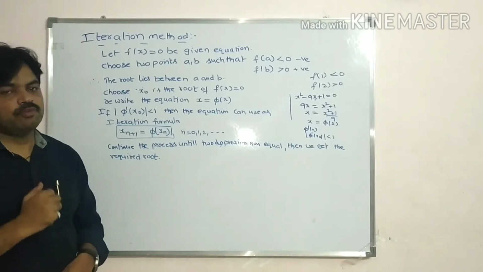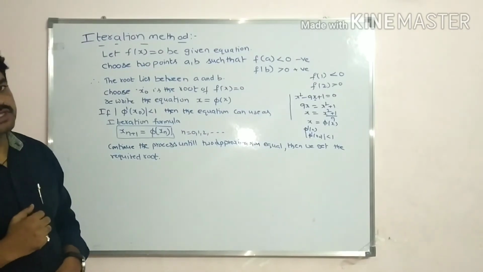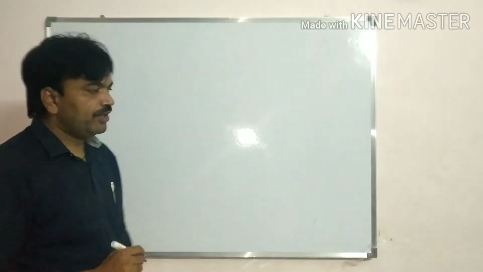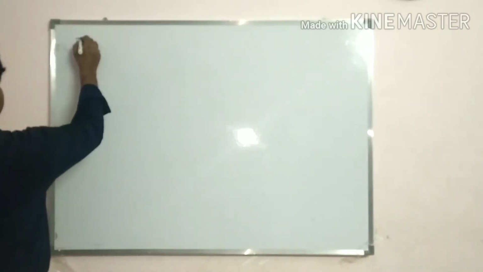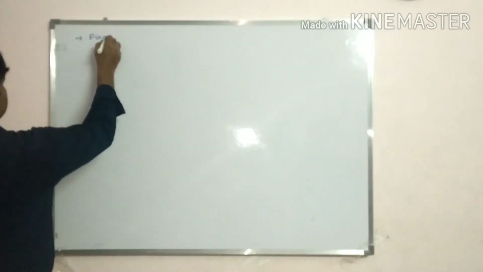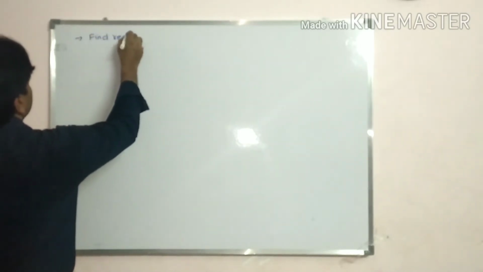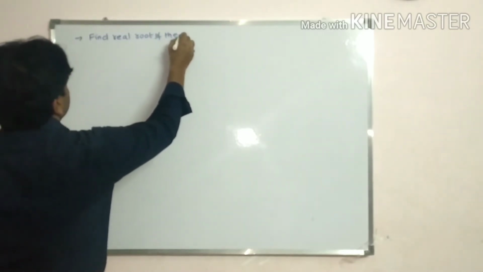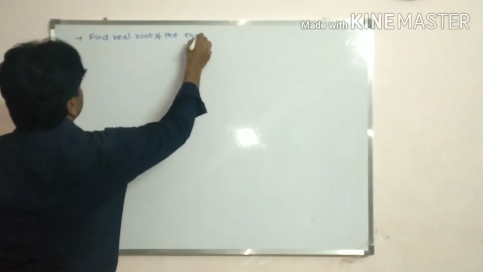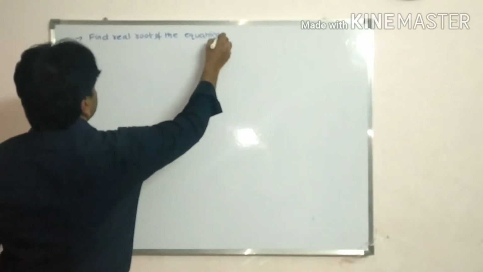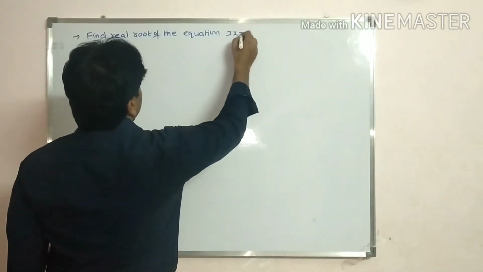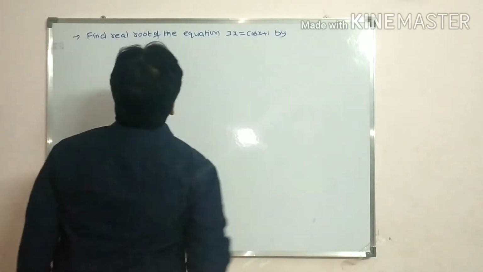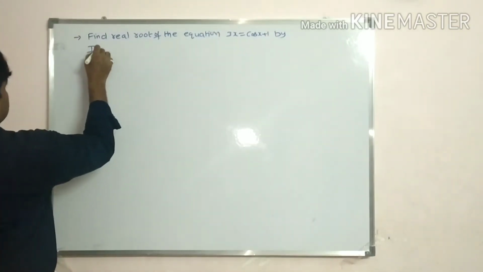Now let us see the problems on the iteration method. Write down the problem, students. Find the real root of the equation 3x is equal to cos x plus 1 by the iteration method.